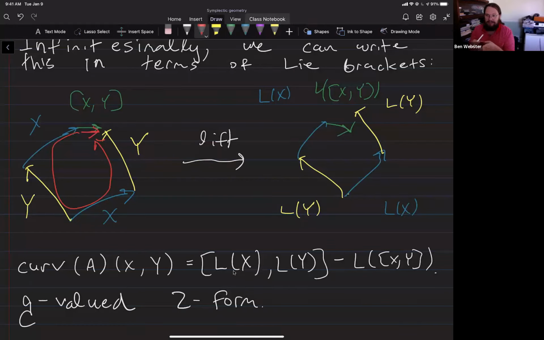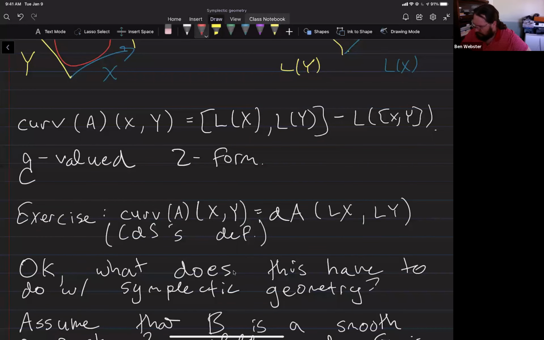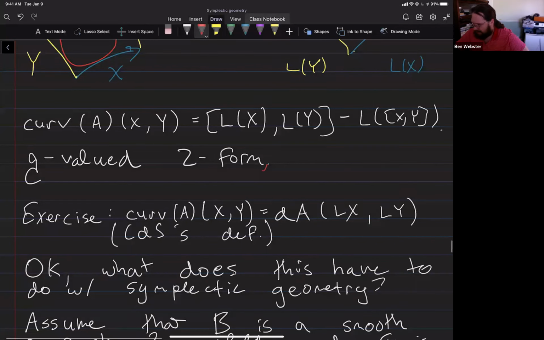It essentially closes up downstairs by definition, or it gets closer and closer to being closed as you flow less and less by X and Y. Whereas up here, you do the same 2 things, but they don't end up closing up. Instead, you get some difference along the fiber. So this is a G-valued 2 form because this guy is vertical.